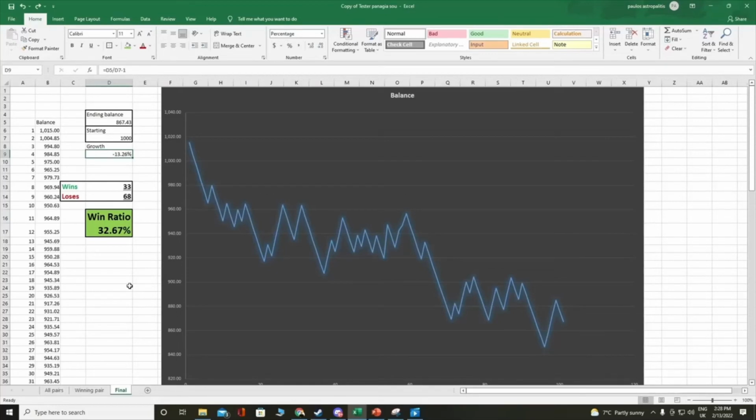This probably might indicate that it's a random system. I mean, even if you put your dog to choose the trades, long or short, probably your dog might have the same results. Actually, your dog will be much more profitable than my system that generates almost 38%, correct.